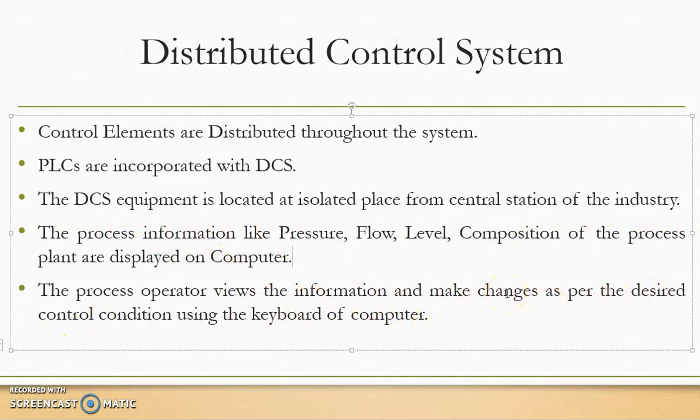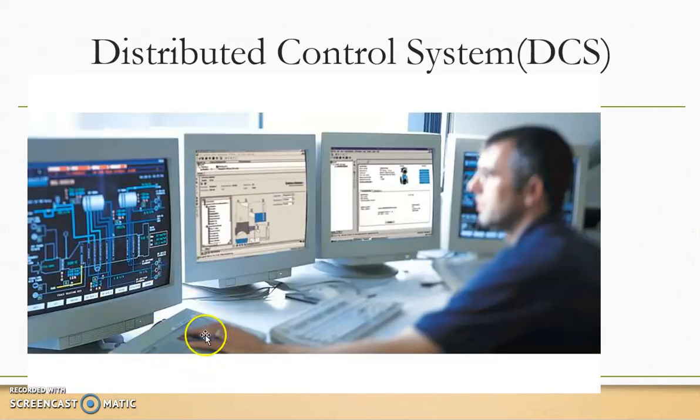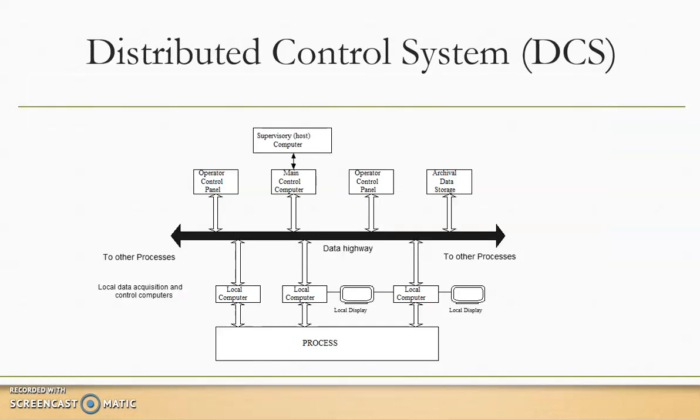So in the DCS control system, the person is far away from the plant, and the controllers are distributed in the plant. Through the PLC the information is received for the pressure, flow rate, composition and other parameters. Then the person can adjust these values by sitting in an AC cabin and watching the screen in front of him, and adjust the data by using the keypad and this computer. So this is the distributed control system or DCS control system.